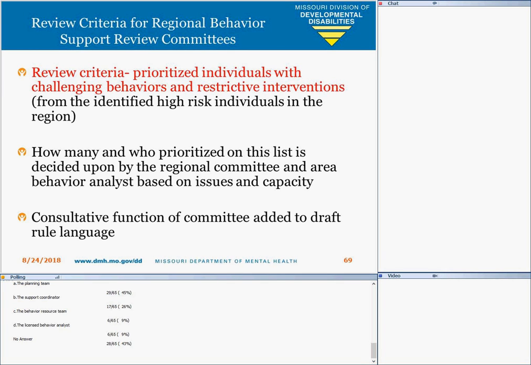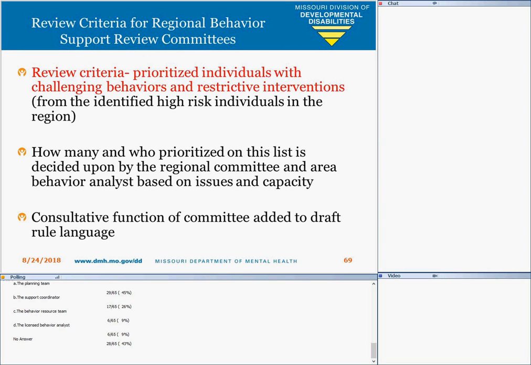Okay, the review criteria for who will be invited to the committee is set in each region according to the region's needs and based on who is having high-risk outcomes in the region. So it's based on data that's collected and reviewed by the area behavior analyst, and they prioritize individuals with the most challenging behaviors, the most restrictive interventions, and the most high-risk outcomes.